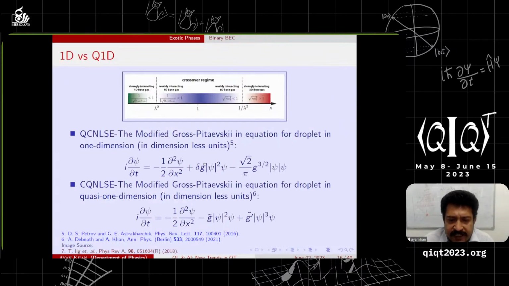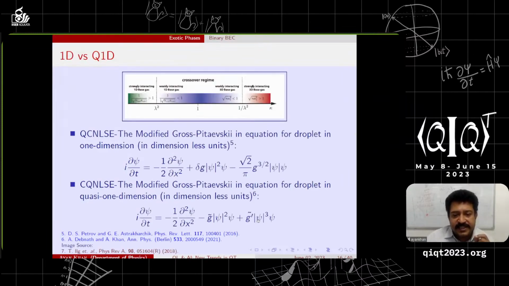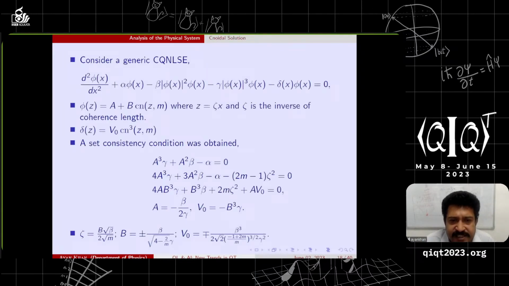So this interesting difference was there, and we have pointed it out and tried to solve this. The trouble here is that there was no previous literature available which discusses a cubic and quartic nonlinearity, so an odd and even exponent of nonlinearity and its analytical solution had never been discussed. The first way we tried, let's take a very generic problem.